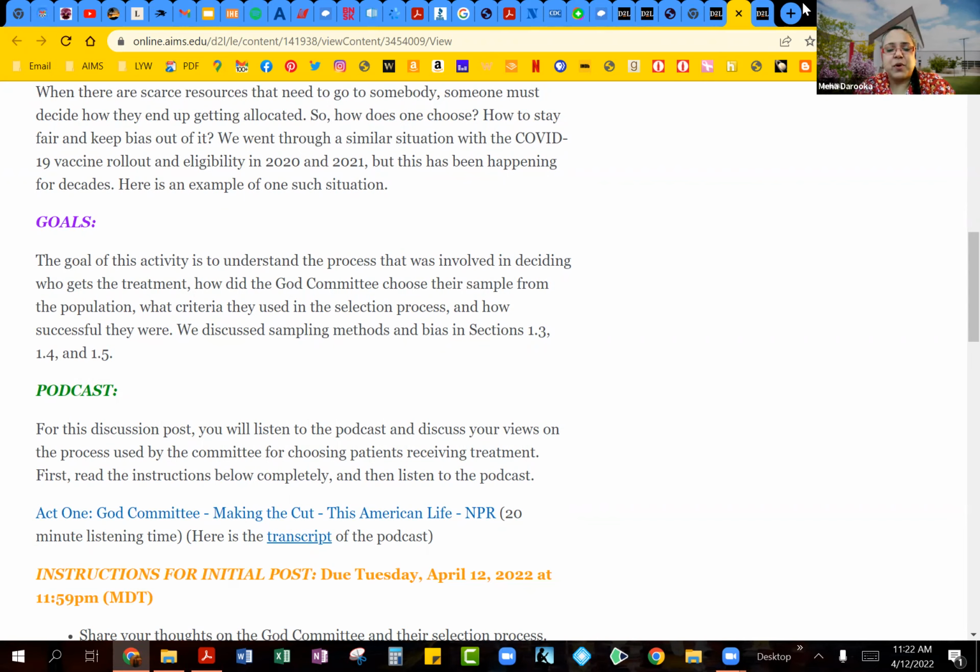I guess it was both. He comes up with this new treatment, this new machine, but because the machine is located at one hospital, one clinic, it's not available nationwide. They had to be very particular about who got to use the machine. So this was, again, that sampling idea of how do we choose patients who should receive this treatment.